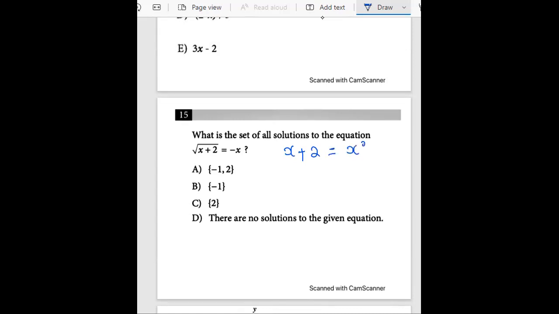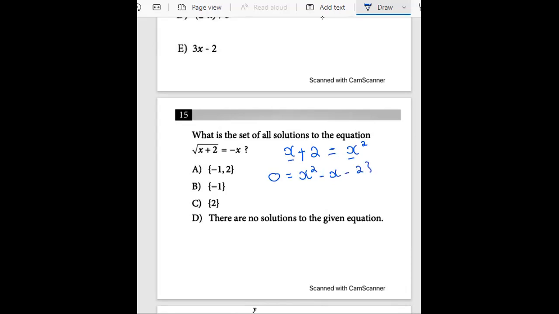Can you please tell me the answers, not the options, but the roots which you get for x, for this equation? What are the roots of this equation? -1 and 2. Okay.